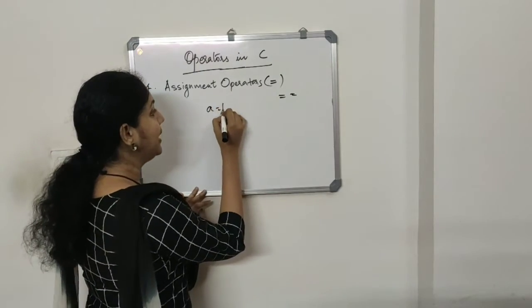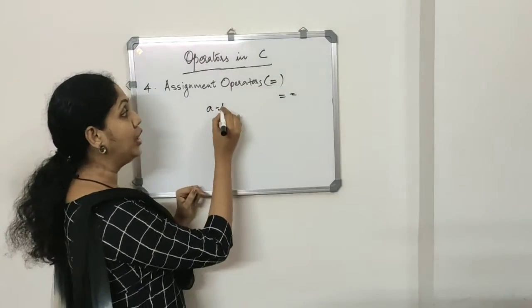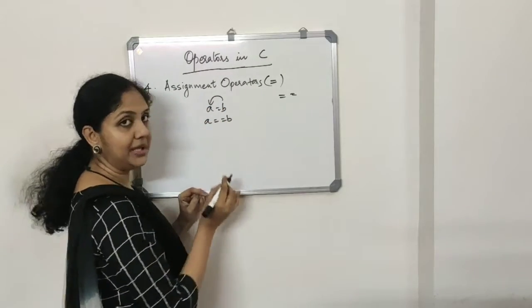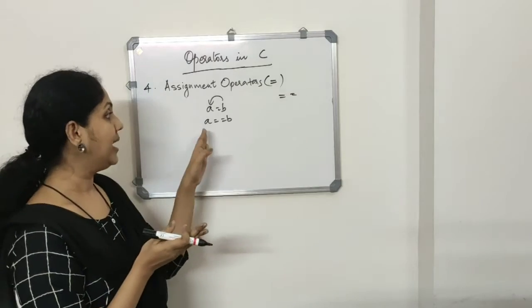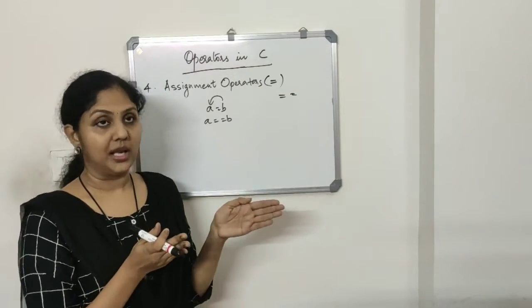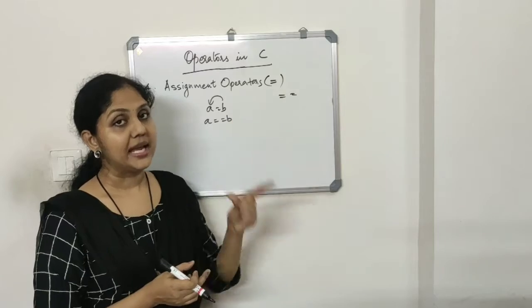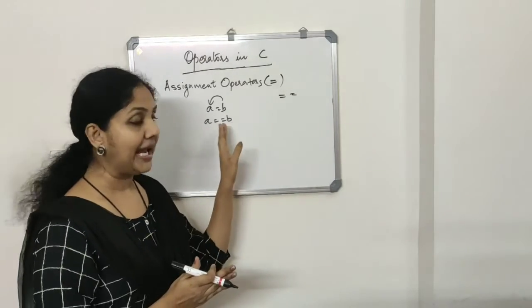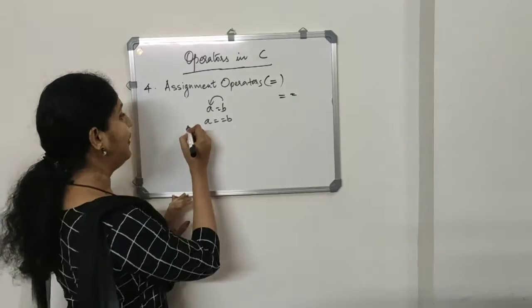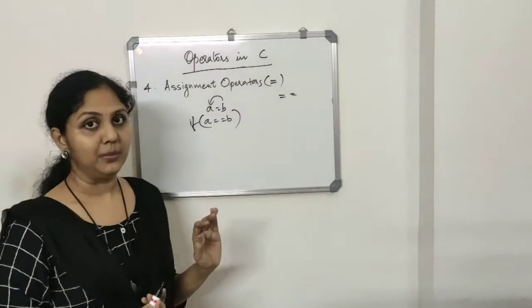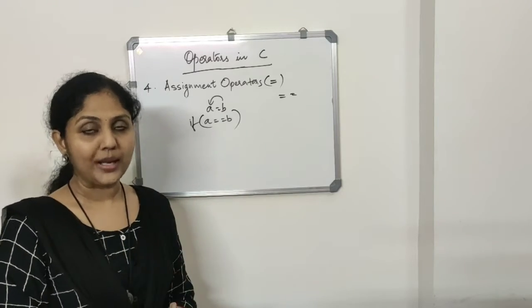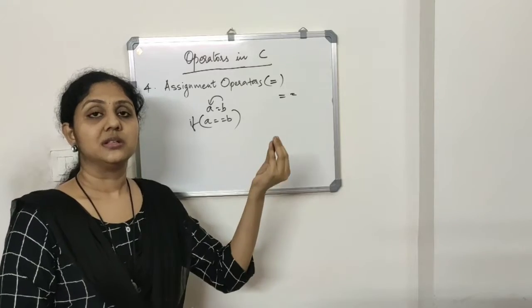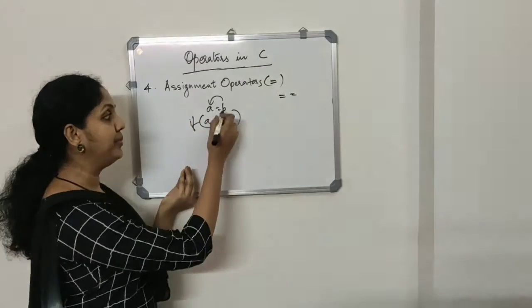A equal to B means I'm assigning the value of B to A. A equal to equal to B means I'm checking whether both A and B are equal. So equal to equal to is a relational operator. It is used for comparing two values, to check whether A and B are equal. With the assignment, we are not checking anything, we are just assigning the value of B to A.